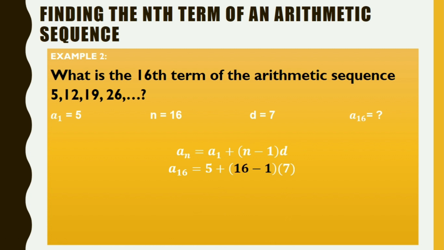Again, first is the one inside the parentheses, 16 minus 1 is equal to 15, then 15 times 7 is equal to 105, and 5 plus 105 is equal to 110. Therefore, the 16th term of the given arithmetic sequence is 110.